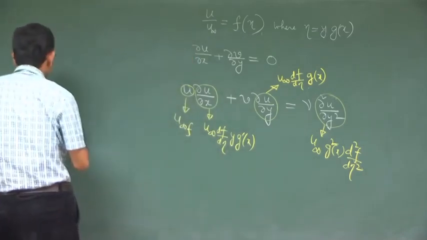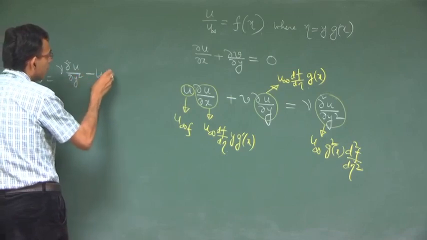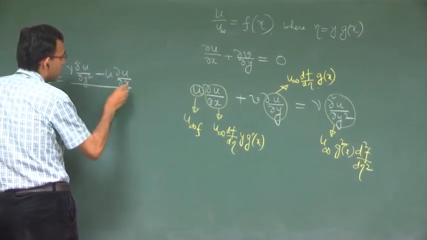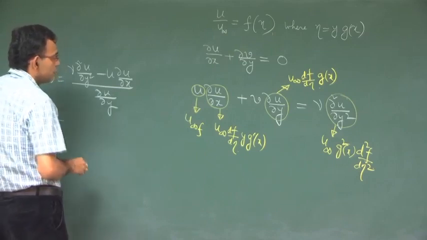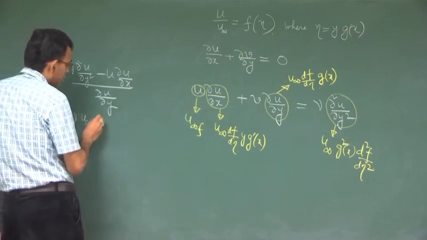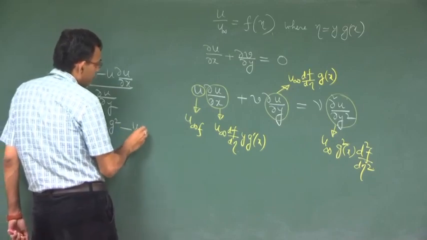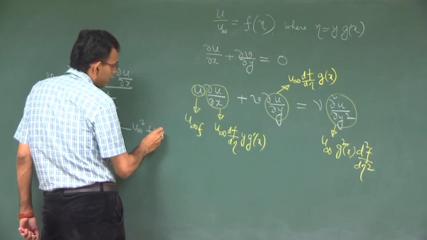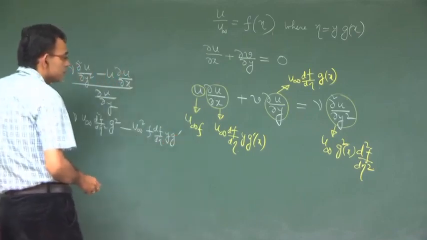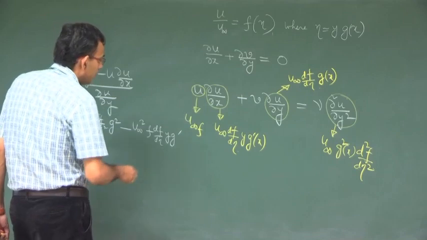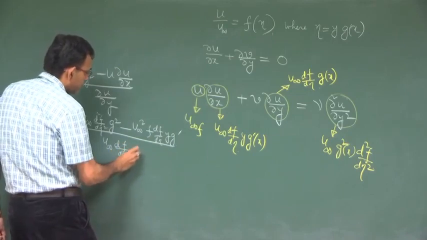So, v is nu u infinity d2f d eta 2 into g square minus u infinity square f df d eta y g dash, right, divided by u infinity df d eta into g, right.